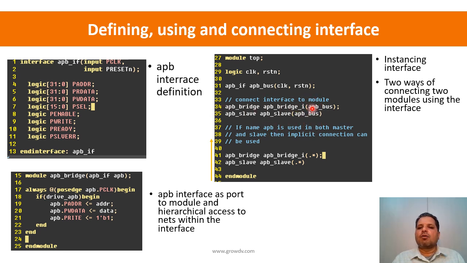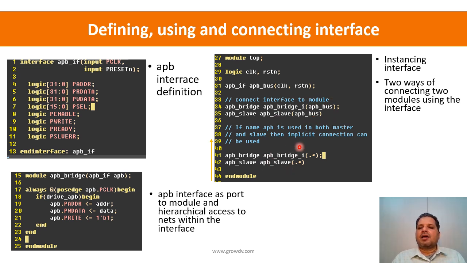Now you can see how clean it is. Otherwise, whatever 8 signals are there, I would have had to put 8 ports and then make that connection, if we were doing the same thing in Verilog. Now it has become so simple.